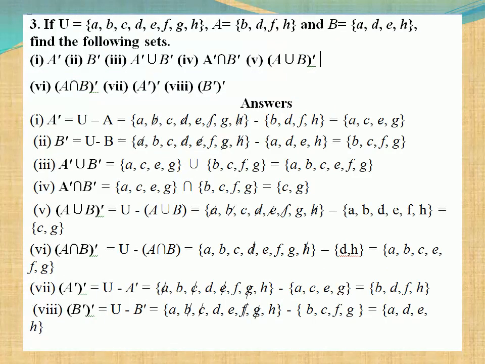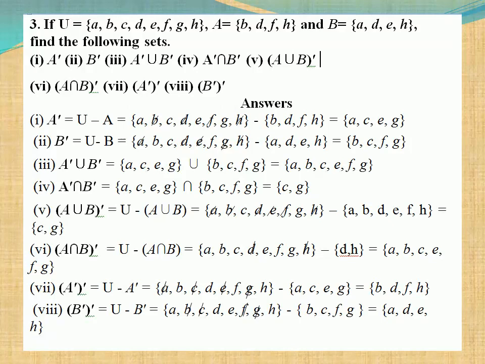Third sum, if U equal to A, B, C, D, E, F, G, H, A equal to B, D, F, H and B equal to A, D, E, H. Find the following sets. First A dash.